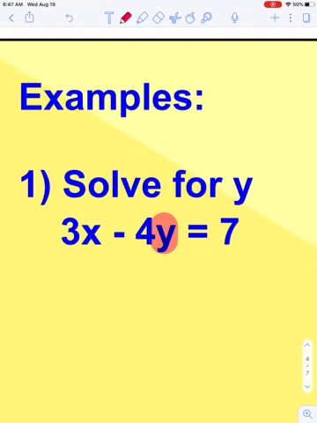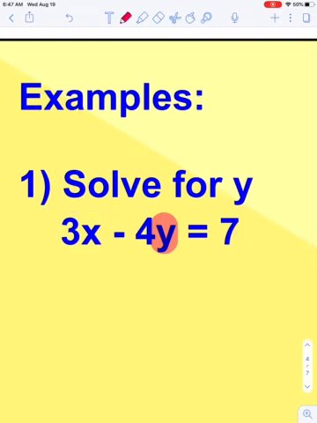So we need to move the 3x first. This entire term, even though it has a variable connected to it, has to be moved to the other side all at one time. All terms are going to get moved in chunks. If we don't need any part of it, we move the whole thing. Like I don't need the 3 or the x over here, so I'm going to take the whole term and move it over.